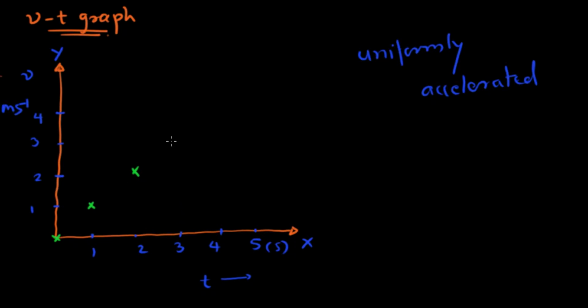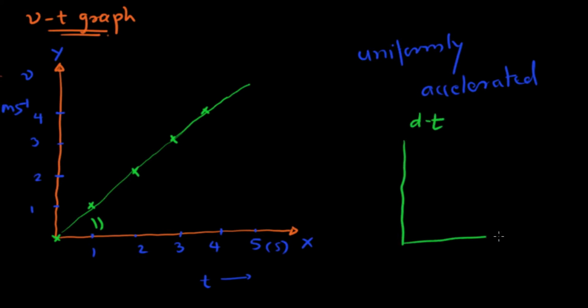At the end of 3 seconds, as you can imagine, it would come out to be 3 meters per second, and so on and so forth. If I join them, it turns out to be a straight line inclined to the x-axis. And if I remind you of the dt graph of an accelerated motion, it looked something like this.